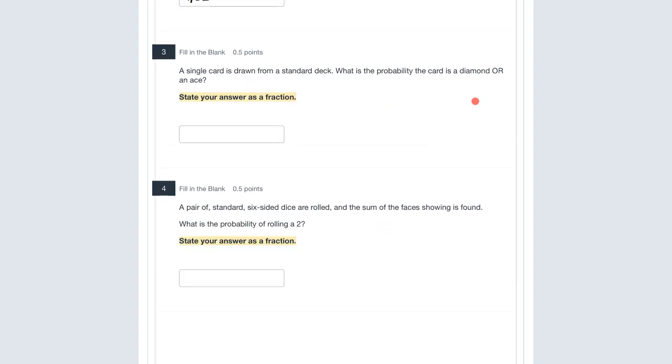Picking one card, what is the probability that it is a diamond or an ace? So in this case, there are 13 diamonds, and there are 4 aces, okay? But don't count the ace of diamonds twice.